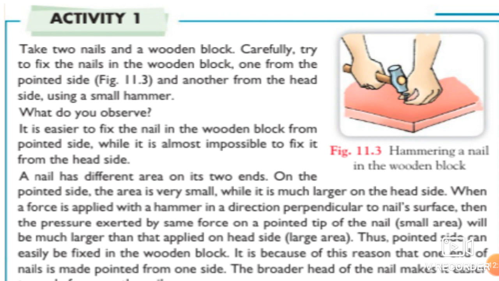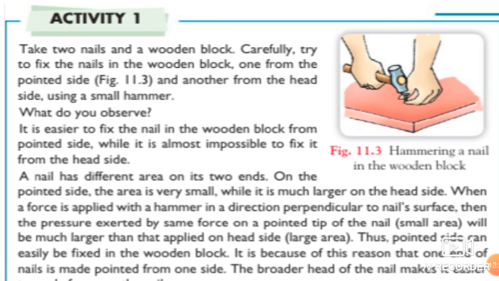The pressure exerted by the same force on the pointed tip of the nail is much larger, because the pointed tip has a small area, whereas the head side has a large area.